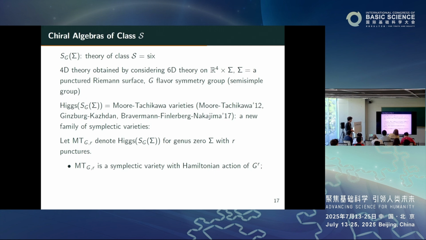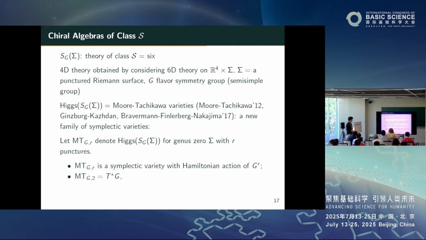For genus zero, if I denote MT_G,R the Higgs branch for the genus zero Riemann surface with R punctures, then this is a symplectic variety with R commuting Hamiltonian actions of this group G. R is the number of punctures.